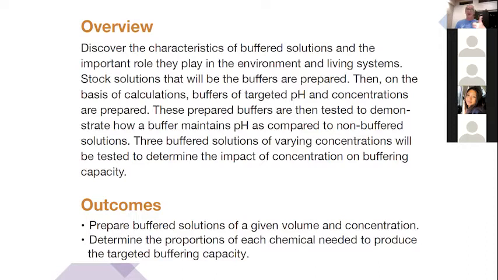So we're going to learn how to calculate and make buffers, and learn about the relationship between the pKa of a weak acid and the approximate pH that it can buffer. Because we'll learn that basically you want to have a buffer system where the pKa is pretty much near the pH you want to make.